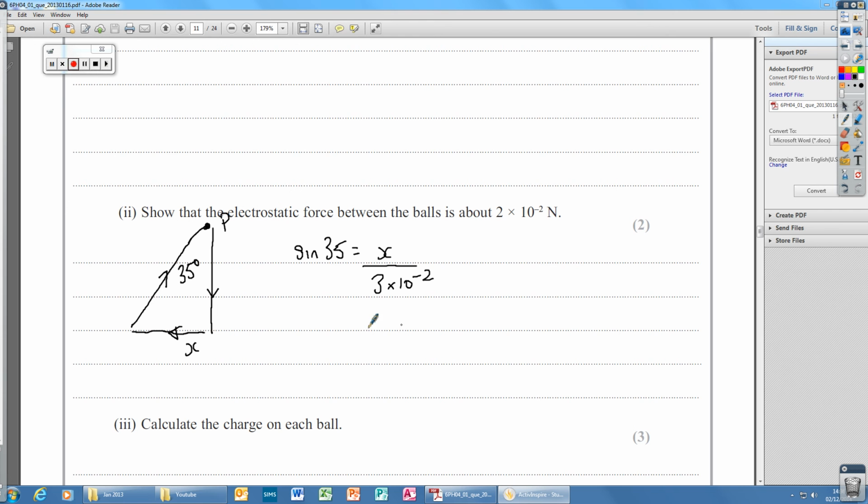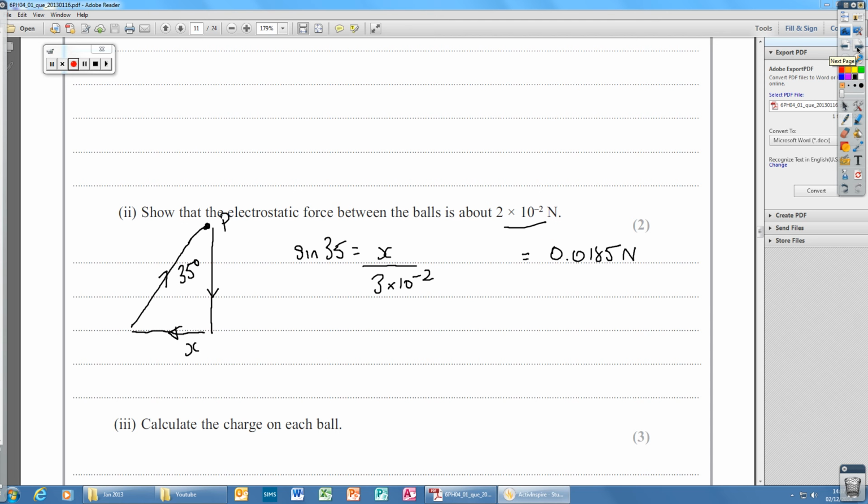If you rearrange that, x equals 3 times 10 to the minus 2 times sine 35, and you'll find that you get an answer of 0.0185 newtons, which is identical to that really.